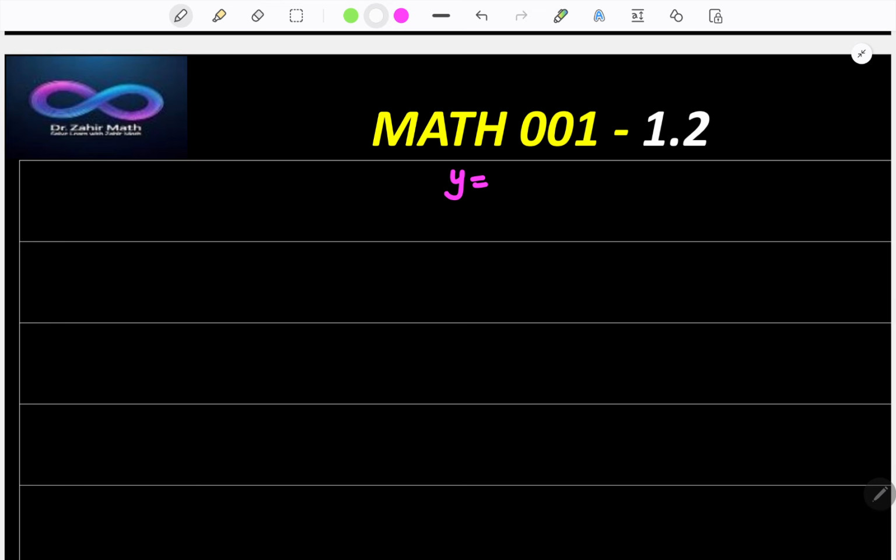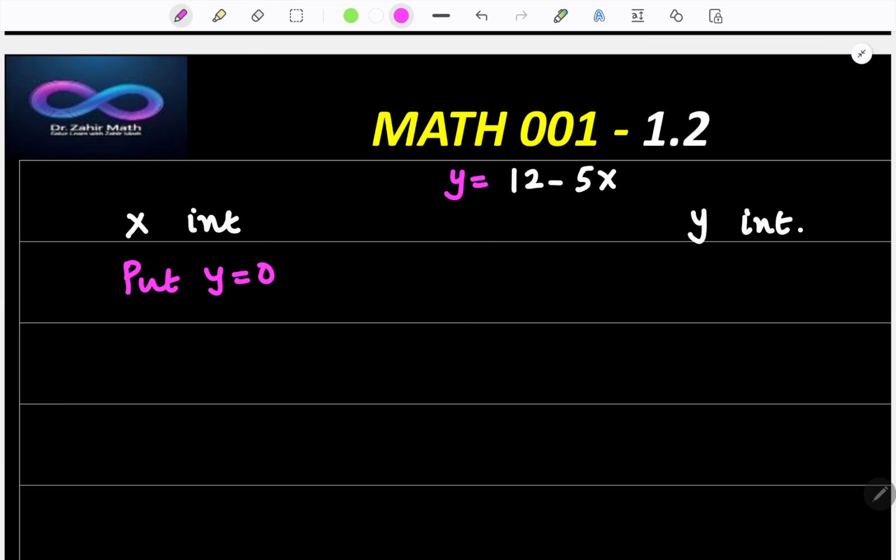So I'm going to find the x-intercept and the y-intercept. For the x-intercept, what is the rule? Put y equal to 0. For the y-intercept, put x is equal to 0.